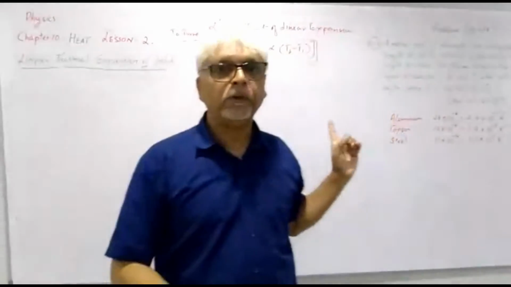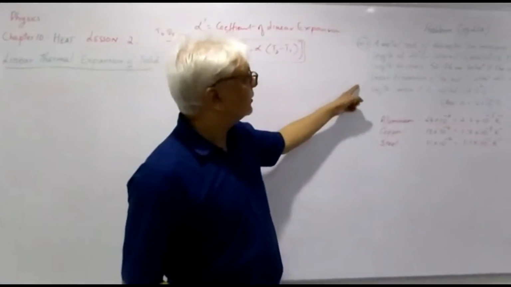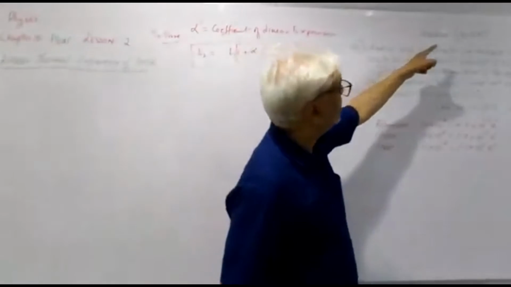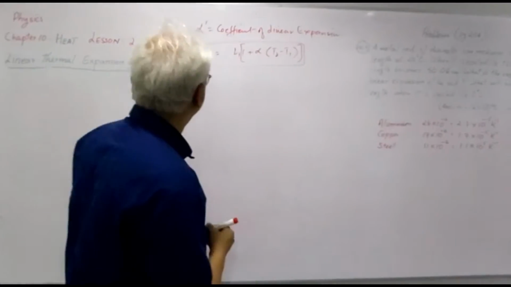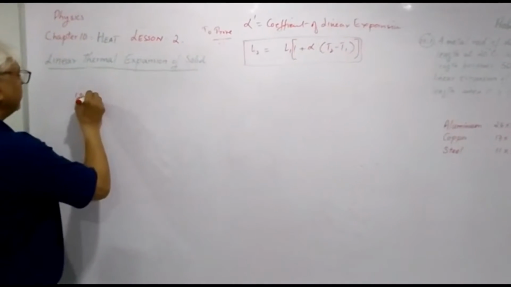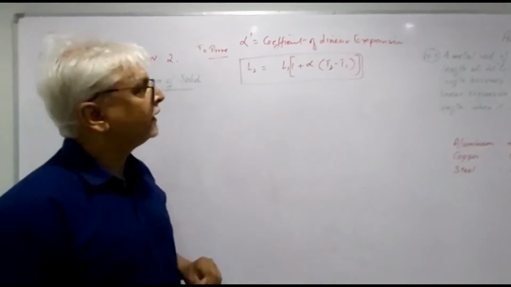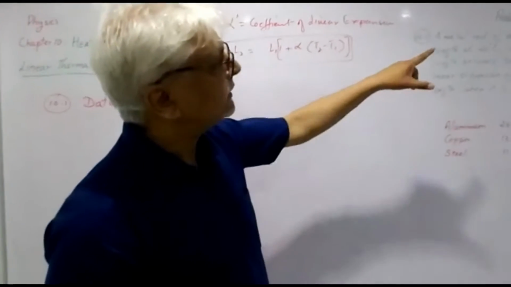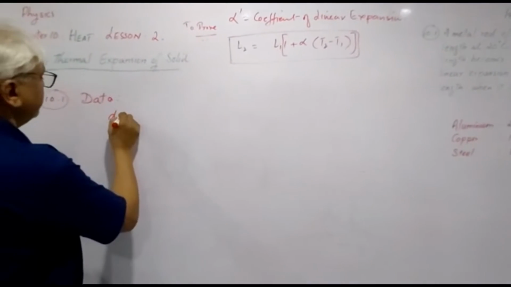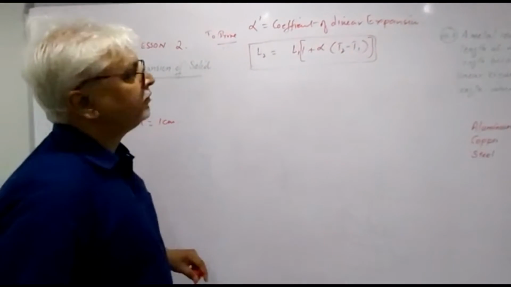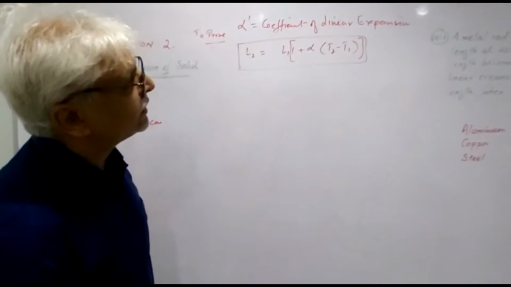Today, using this formula, I will be solving this problem which is in your textbook on page 206, the first numerical, 10.1. It says that a metal rod of diameter 1 centimeter measures 50 centimeters in length.